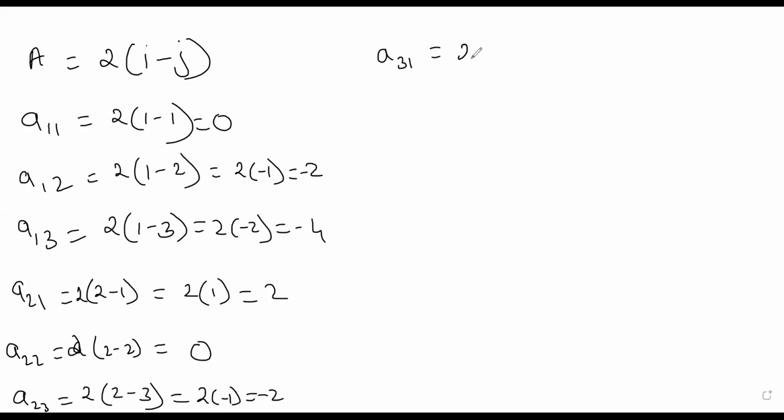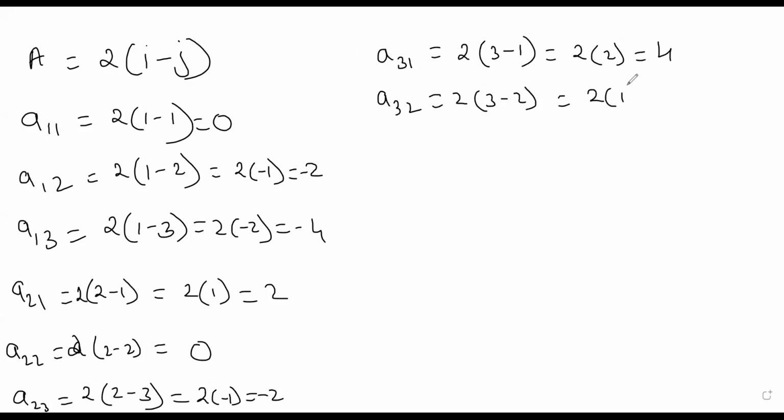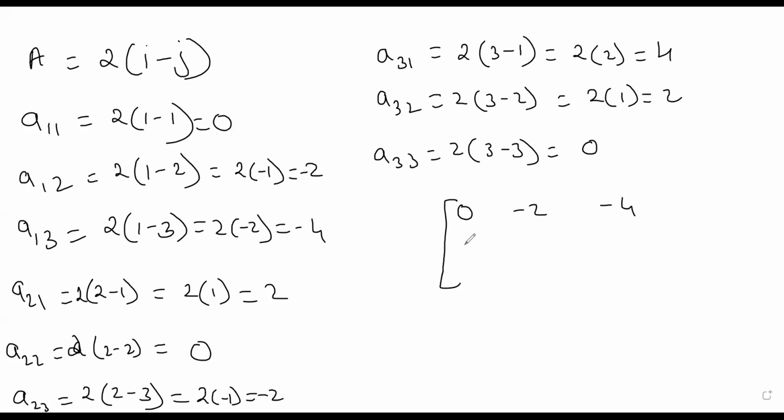A31, 2 into 3 minus 1, so 2 into 2, that is 4. A32, that is 2 into 3 minus 2, so 2 into 1, that is 2. And A33, that is 2 into 3 minus 3, that will become 0. So the matrix here will become 0, minus 2, minus 4, 2, 0, minus 2, 4, 2, 0. This is your given matrix.